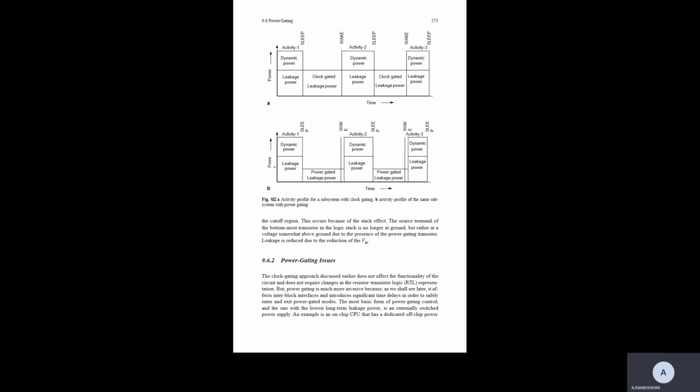So this is about the different techniques we use to control or minimize the leakage power.